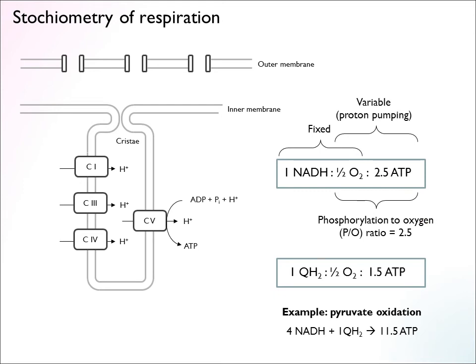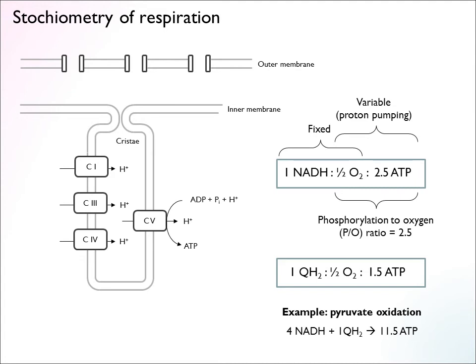That's from NADH. If your electrons are entering from the quinone, so that's a bit later in the sequence and you don't pump as many protons in that case, so then you get about 1.5 ATP. So it's a bit less. And you can use these numbers then to figure out roughly how much ATP you get from processes like the TCA cycle.